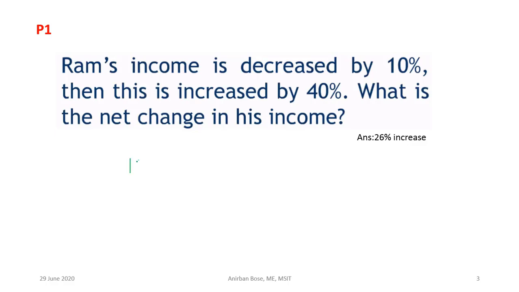Here it will be minus 10, because it is decreased by 10% first, then it is increased by 40%, and finally xy, that is minus 10 into 40 divided by 100. So, what will be the answer? 40 minus 10 is 30, and this will contribute minus 4. So, 30 minus 4 is 26. Clear?